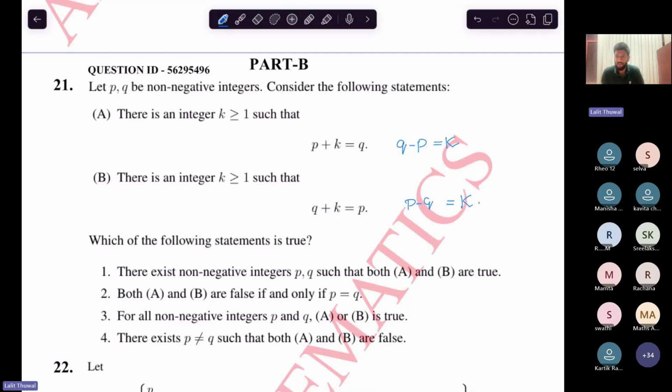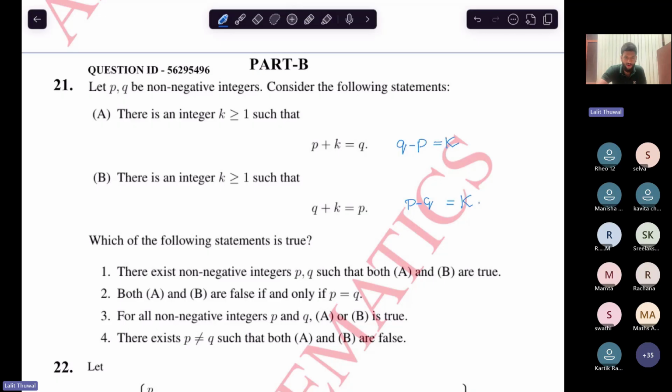So what do you think? Which one is correct? Can you solve it now? You have to figure out the true statement. Anyone? C, sir.